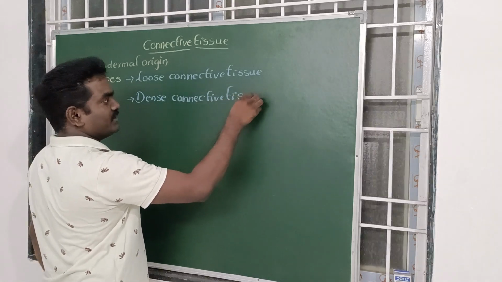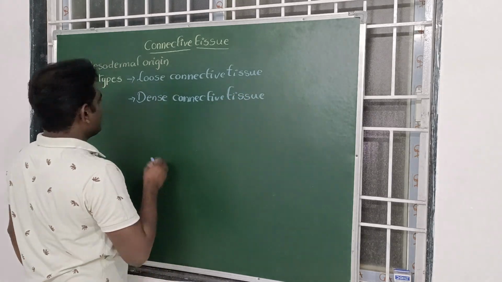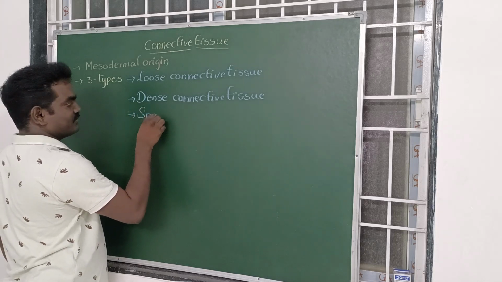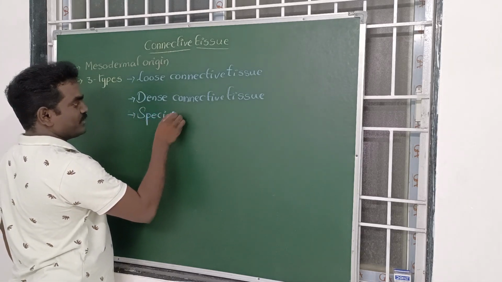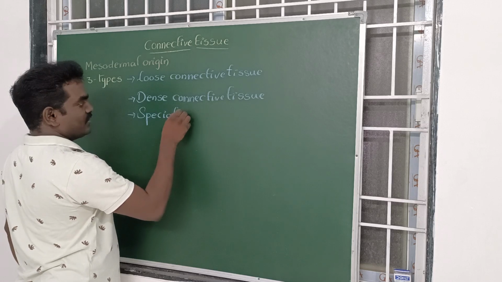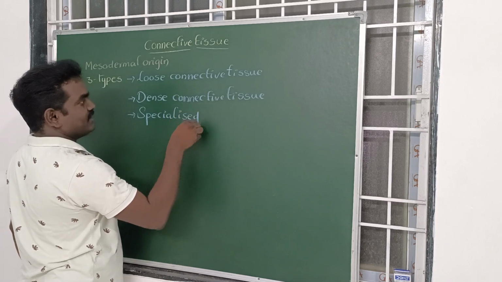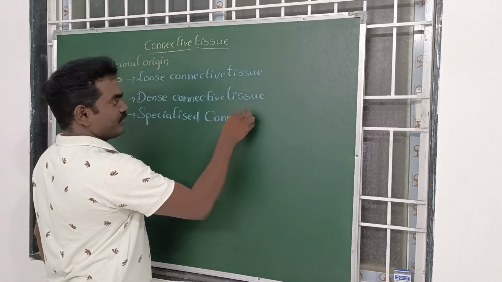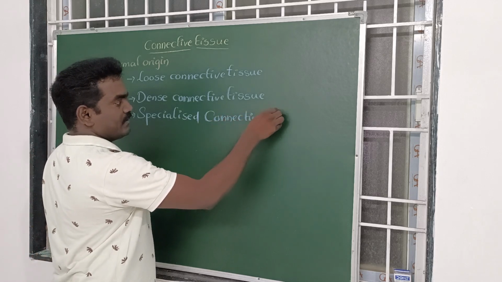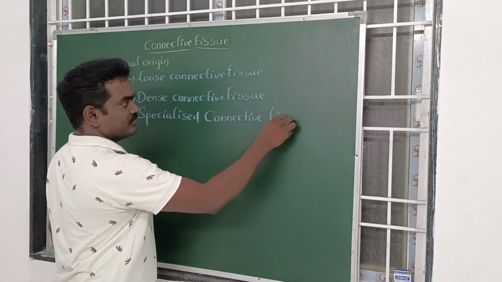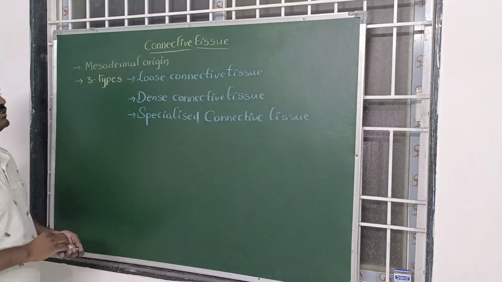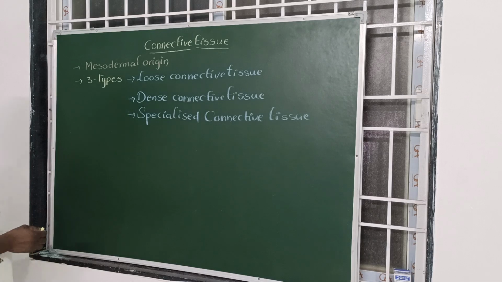And the third one is specialized connective tissue. Got it? Now let's focus on what loose connective tissue is.